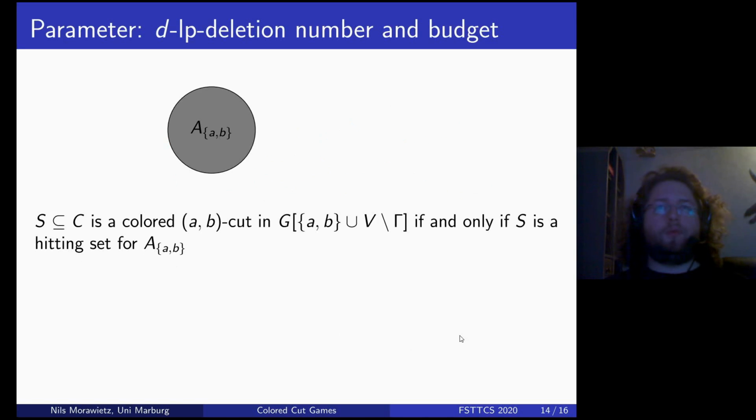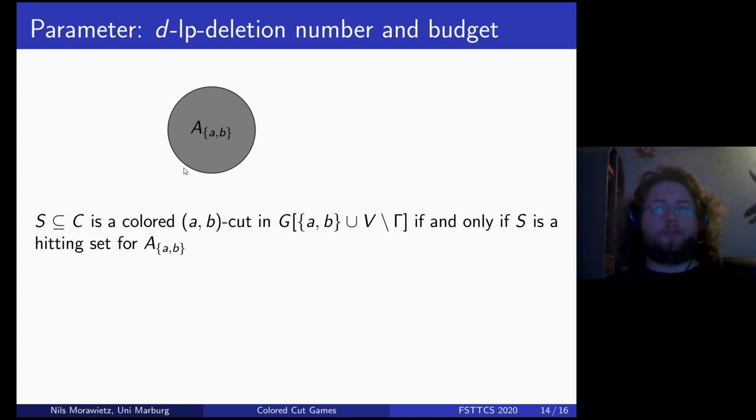So we have computed these sets A_AB for distinct vertices A, B in gamma, and these are collections of color sets. And a color set is an AB cut in the graph containing only the vertices A, B and V minus gamma if and only if this color set is a hitting set for this collection A_AB.